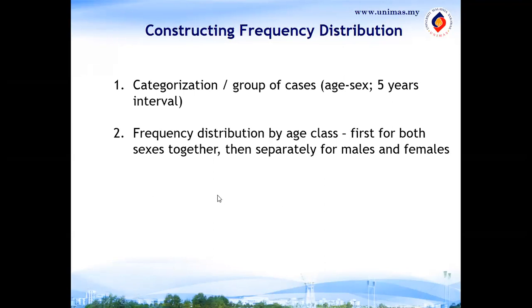Contohnya, kalau kita ada dalam kelas, let's say 0 to 4, ya. Contohnya kita sebagai totalnya, both male and female, maybe we have 100,000. Okay. And then lepas tu kita split the two, separate them.